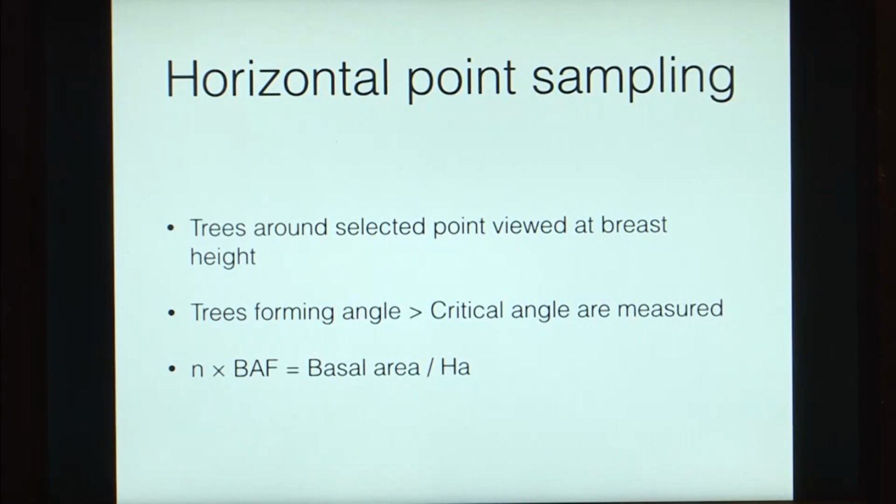And here, as we have derived before, the number of trees that are tallied multiplied by the basal area factor, that will be determined by your critical angle and by the instrument that you are using. So, n multiplied by the basal area factor will give you the basal area of the stand per hectare. So, this is the theory of point sampling.